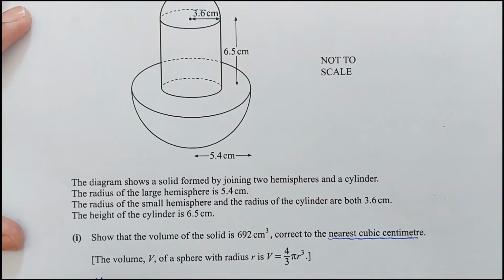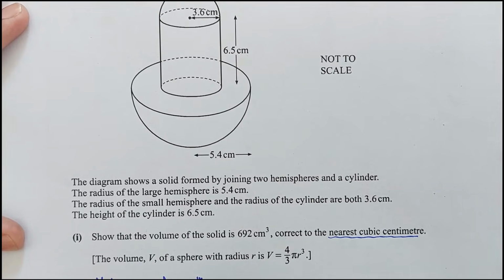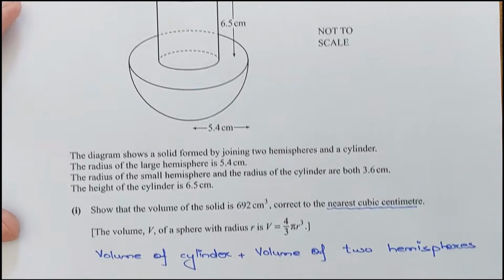So volume of cylinder plus volume of two hemispheres is the volume of the solid.